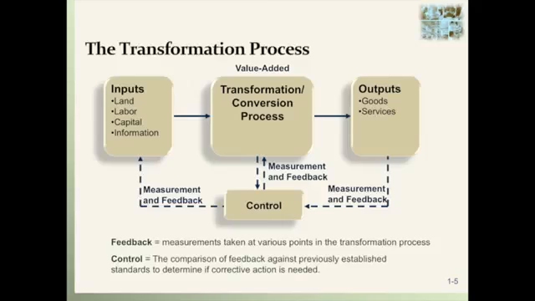So there's this transformation process, and in the middle you have a transformation or conversion, and there are inputs to that process. It may be land, labor, capital, information, and there are outputs, which are either a good or a service. Now you have measurement and feedback coming from the customer that's part of the transformation process, and then there's feedback going to the inputs.